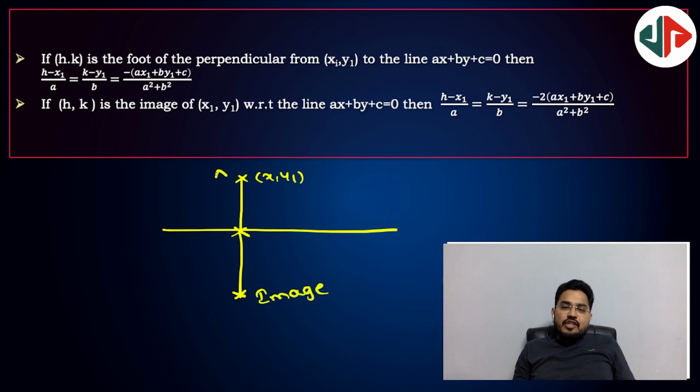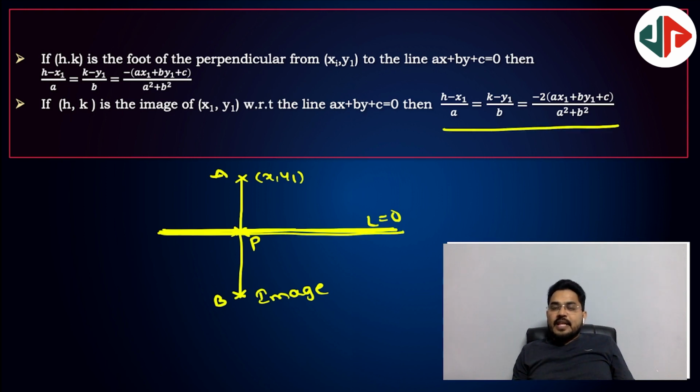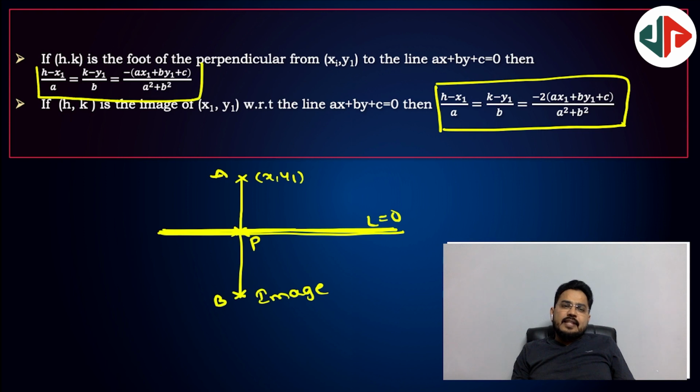So, if the image of A with respect to the line L is equal to 0 is B, the midpoint of AB is this point. So AB is perpendicular to L is equal to 0. The midpoint of AB lies on the line L is equal to 0. So you are going to get the equation this one. This is the foot of the perpendicular case and this is the image.